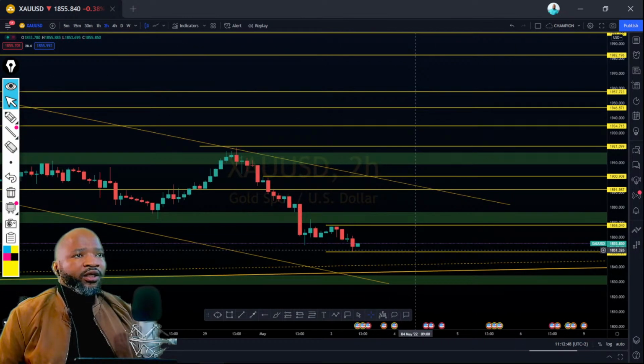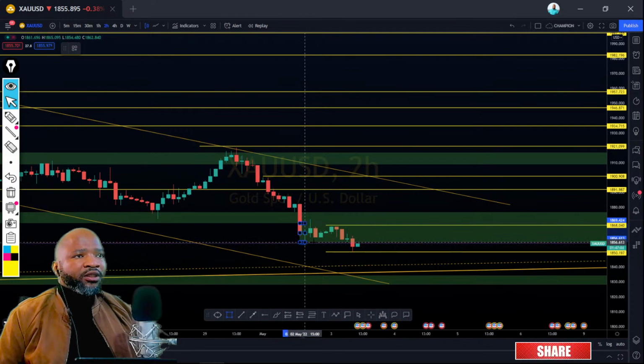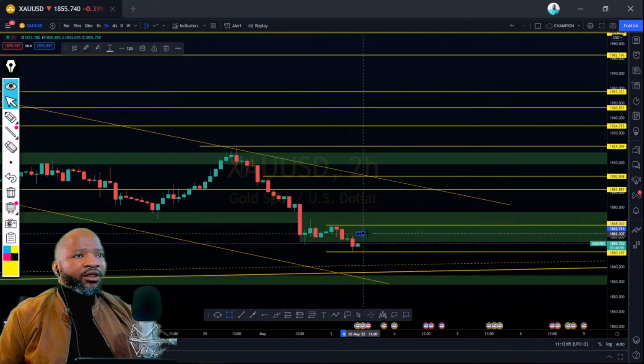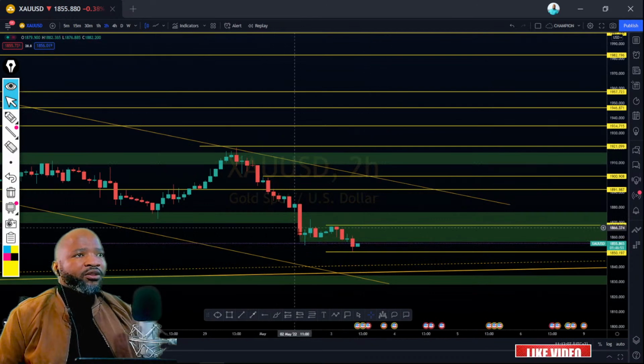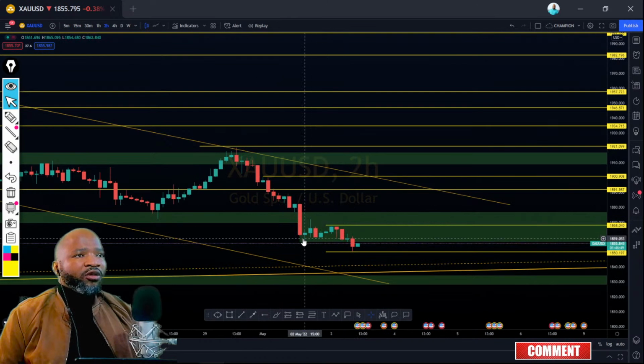So currently, ladies and gentlemen, what is happening right here? This is what I see. You can see this is more like a bearish flag. No, man, this is more like a bearish flag.